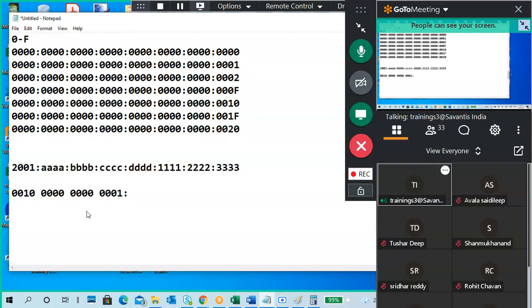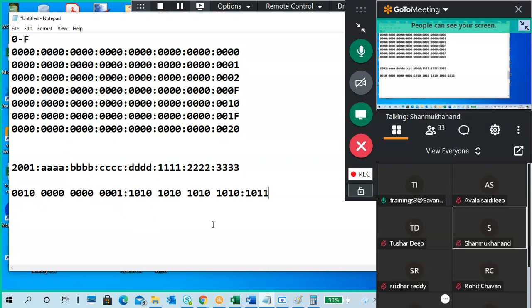If you write it in binary, like 128 zeros and ones, you have to write 1010, 0101010. For B also like that, 1011, 1111. So you have to write 128 bits.